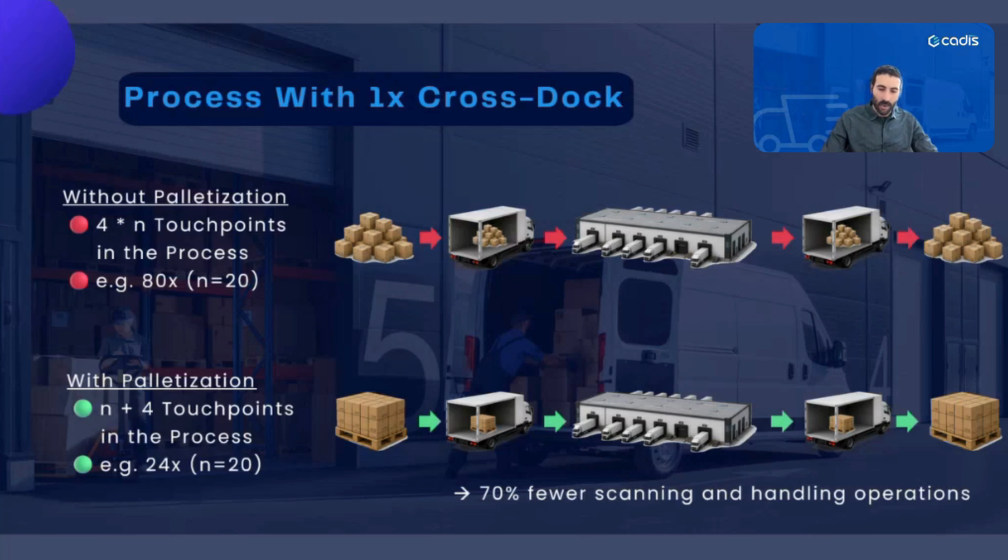So clearly, you have an increase of your productivity along the supply chain: 70% fewer scanning and handling operations. So on top of sparing yourself from having so many touch points at critical times, this was the first advantage. Here, you are really saving effort with much fewer touch points, physical movement, scanning, using the master pallet. So it's a significant increase in your productivity.